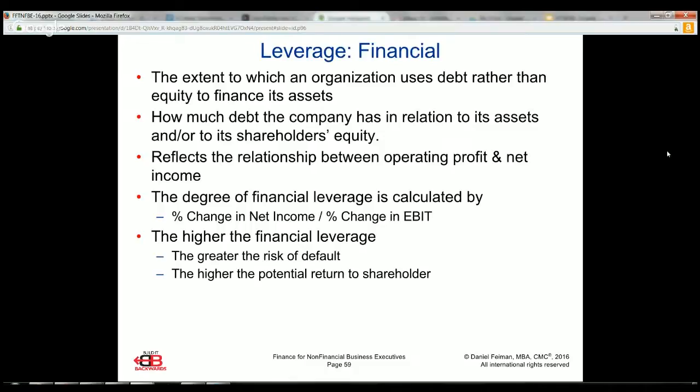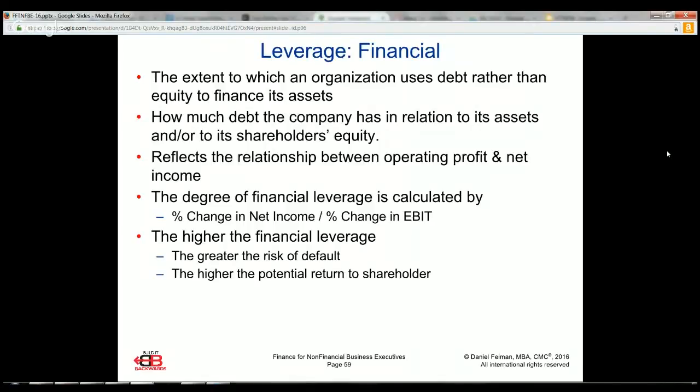Financial leverage looks at the relationship between the changes in the operating profit we just calculated, our EBIT, compared to the percentage change in net income. So again, knowing this is a two-edged sword, if we calculate our financial leverage, we'll go back to our previous example. We have 2 million in debt, we have 1 million in equity.